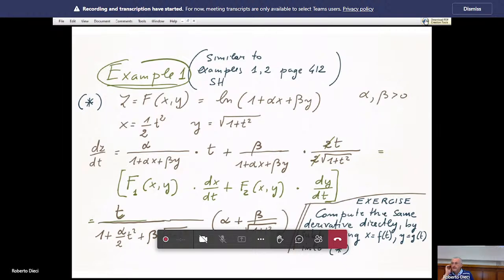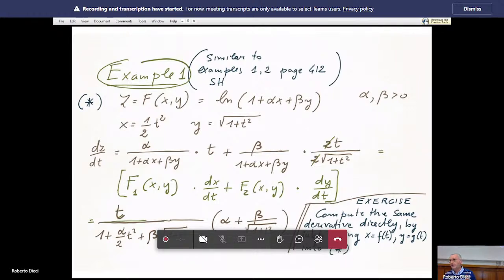Is that clear? So this is a function of one variable. It's very convenient to regard the structure as a composite function in which there is a direct dependence on two variables, but each of these variables depends on time, and use these chain rules, which allows us to compute the time derivative of z in two steps, and with a very simple additive structure, okay? With the sum of the two contributions.